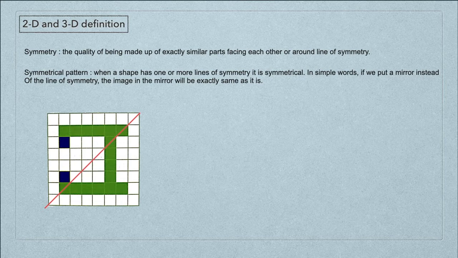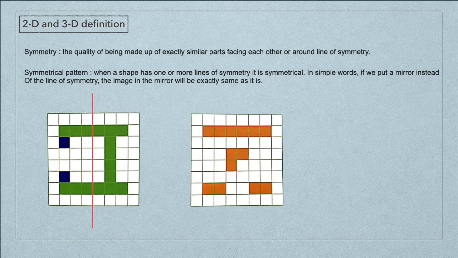Well, no. Actually, I could see that two blue squares are in the upper section, while in the bottom part we do not have any blue squares. Now it's not happening again. Let's talk about this shape. What do you think? Is the right part the same as the left part?